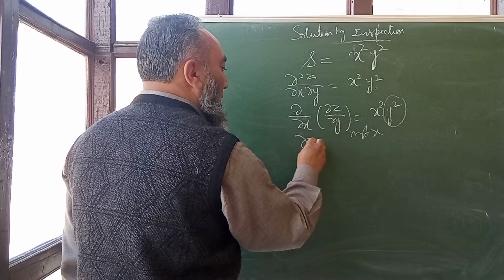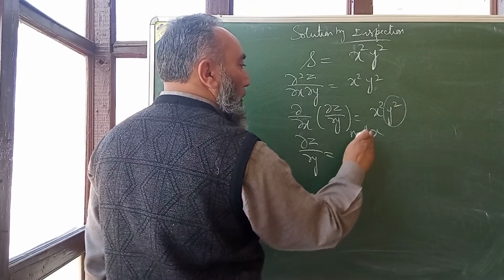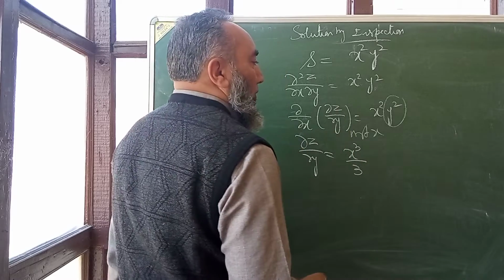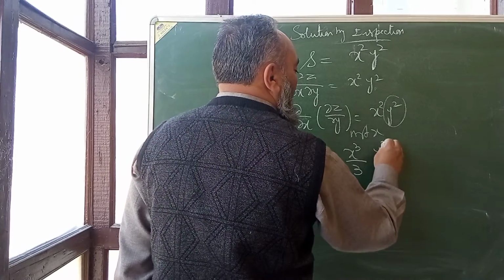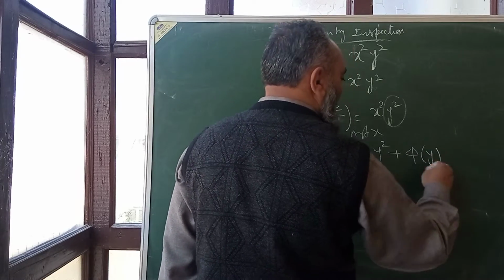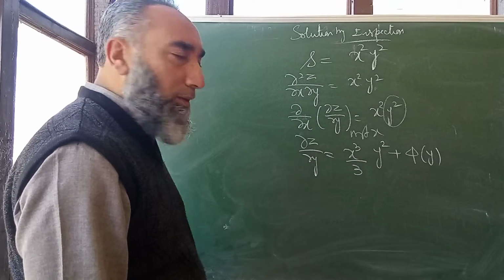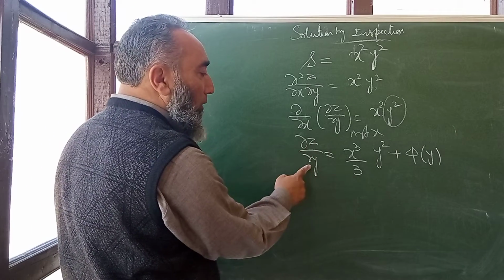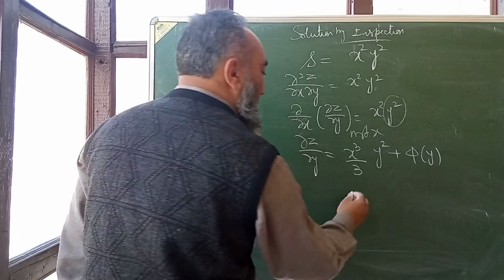You will get del z by del y equal to x cube by 3 y square, integrating with respect to x. Now you are integrating with respect to x, so the function of y will be constant. Now you have del z by del y, so you will integrate with respect to y.